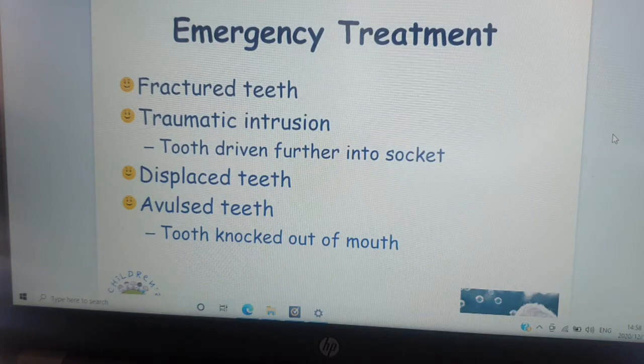This occurs when a tooth is forcibly driven into the alveolus so that only a portion of the crown is visible. Né? So treatment for intrusion is to either allow the tooth to re-erupt on its own, or to see a dentist for repositioning of said tooth and splinting adjacent teeth to hold it into position.